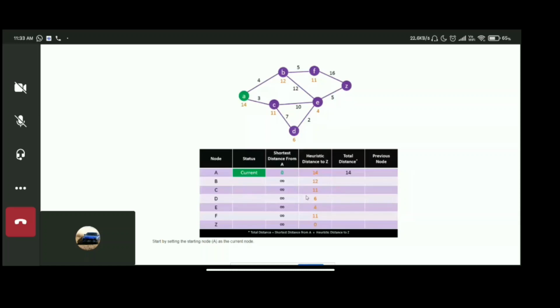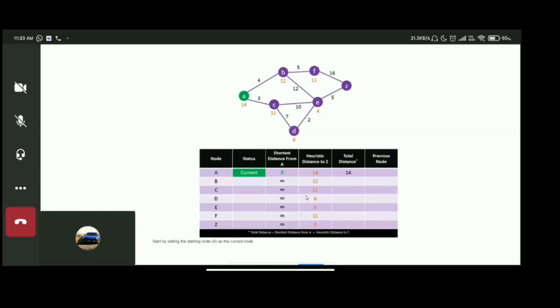For a root node, the computational cost will always be 0. The heuristic function cost is mentioned in orange, that is 14. So for the total distance, g plus h, that is equal to 14.